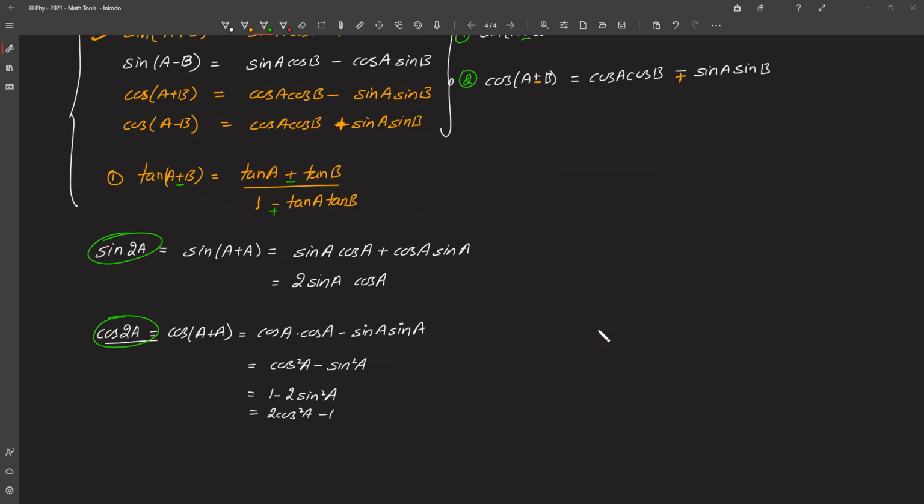And similarly, you have a formula for tan(a plus b) as well. So that can also be used to find out what tan 2a will be. tan 2a will be sin 2a divided by cos 2a. And if you do that, or you can directly use this formula: tan a plus tan a divided by 1 minus tan a into tan a.